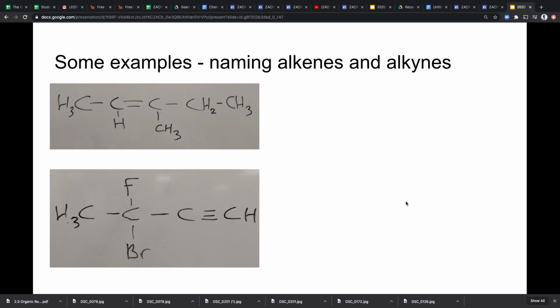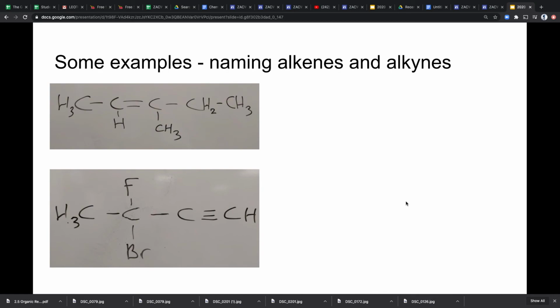So if we were to do a couple examples, let's look at the first one. Once again, the first one's a bit easier than the second one. So you've got a methyl branch off of a chain that contains 5 carbons, and there's a double bond. So which end of the molecule should we start naming from? The left side, yeah, left side.